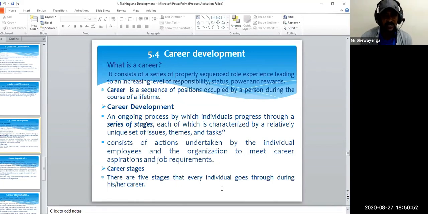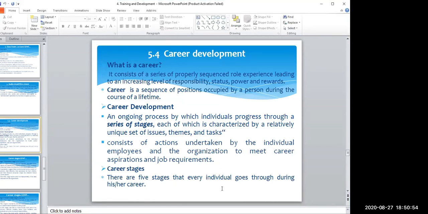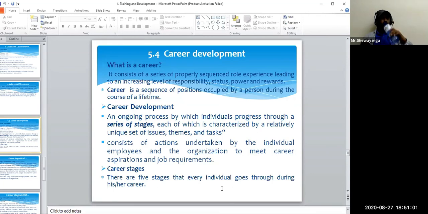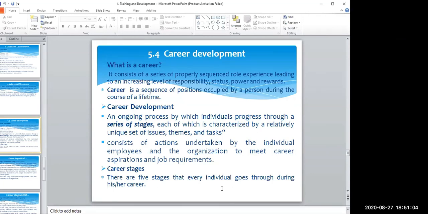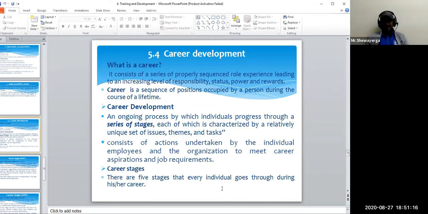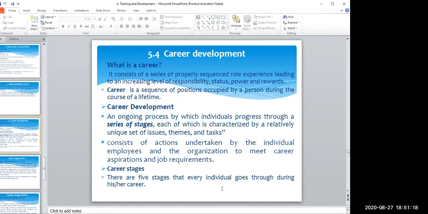So, may I ask, Doctor, I wanted to ask something before that. Thank you very much. I was raising my hand. In the process of training and development, we have seen five steps. I was expecting something about impact assessment after having evaluated, after the fifth process, which is evaluation, might be pre-test and post-test exam.